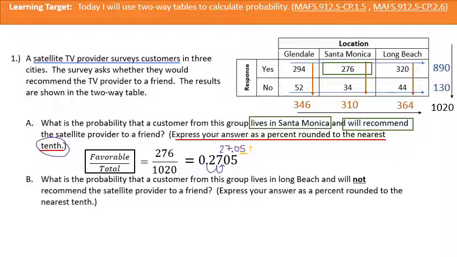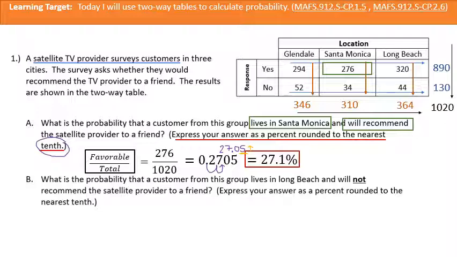It means we have to round up. So our answer is going to be 27.1%. Done. Does that make sense? We went from the table to a fraction to a decimal, and then we moved the decimal place 2 places over to make it a percent, and then we rounded it. Okay? All right, let's look at part B.